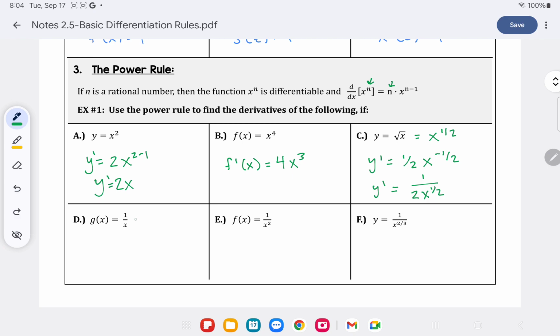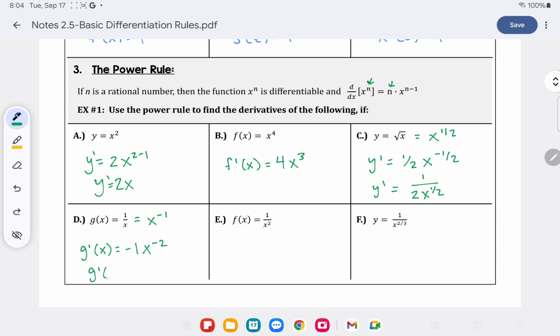For D, 1 over x is the same thing as x to the negative first power. We can move that x to the numerator and give it a negative exponent instead. It means the same thing. And now that it's written that way, we can use the power rule. So that negative 1 gets moved as the coefficient. Negative 1 minus 1 is negative 2.